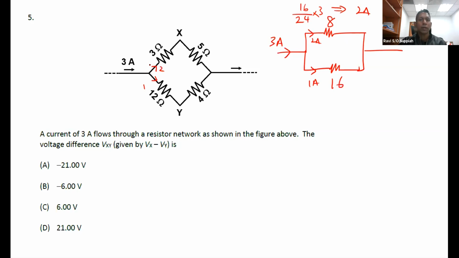You can see that the total voltage drop here is 16 volts. If 2 ampere comes in here, 3 times 2 will be 6 volt drop here. So total initially at this point is 16 volts, 6 volt drop here, I get 10 volts. 1 ampere goes through here.